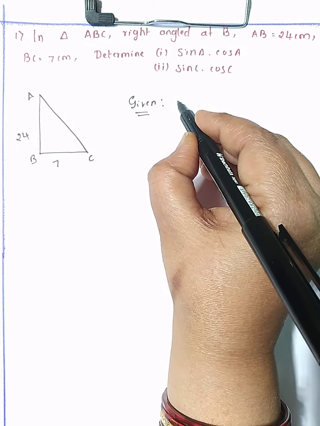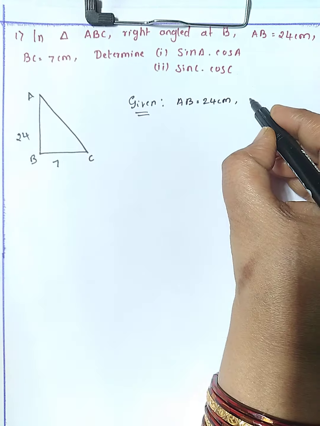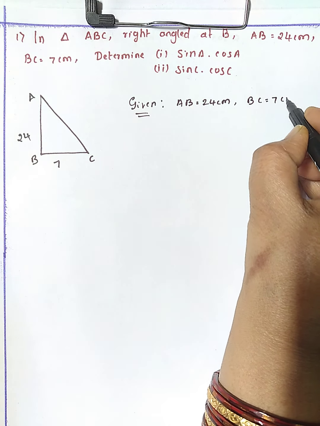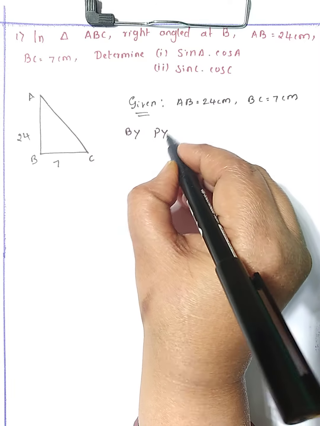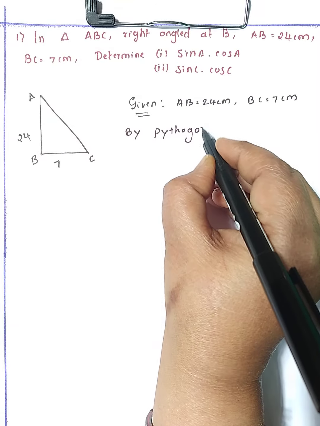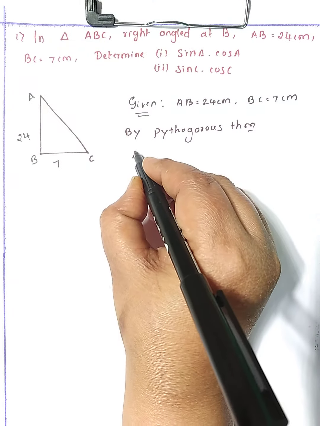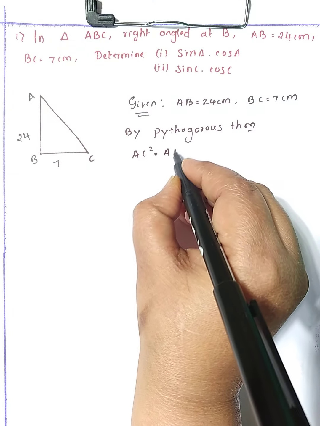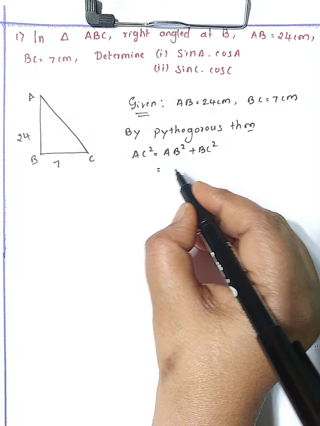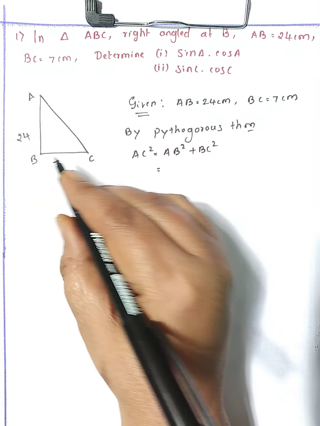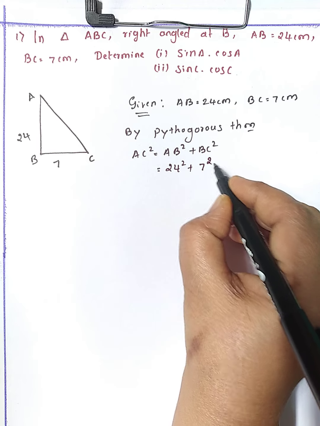Given is what? AB is 24 centimeter, BC 7 centimeter. Then by Pythagoras theorem, AC square equal to AB square plus BC square. AC square is AB 24 square plus BC 7 square.